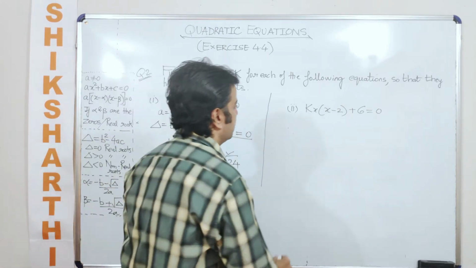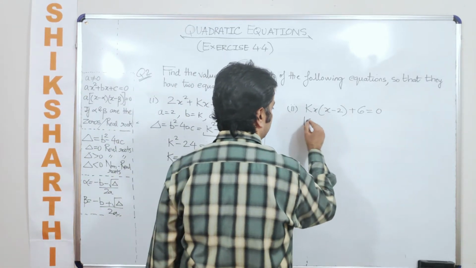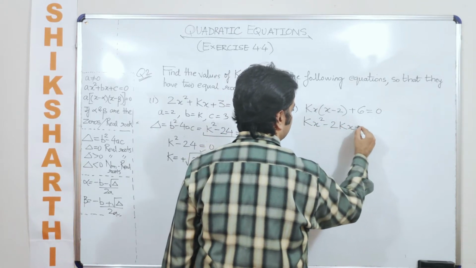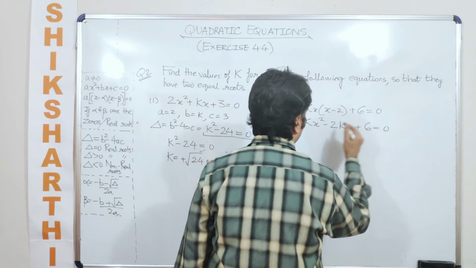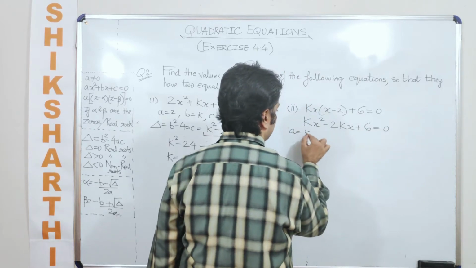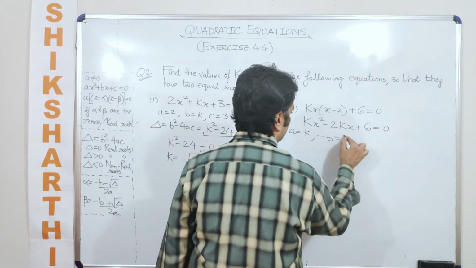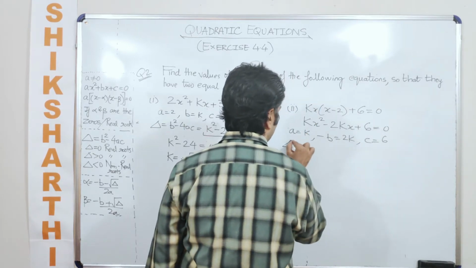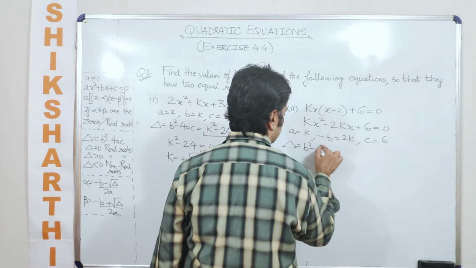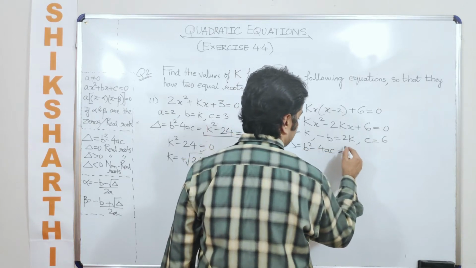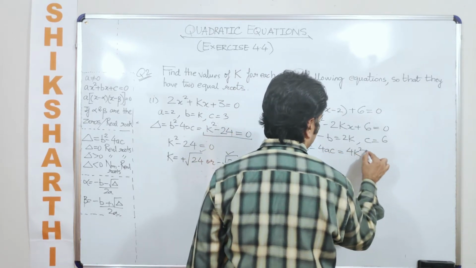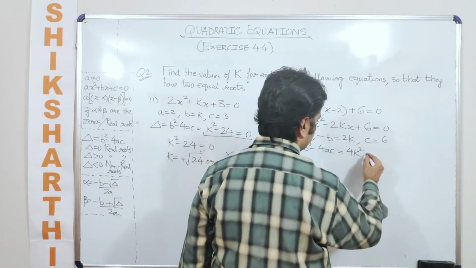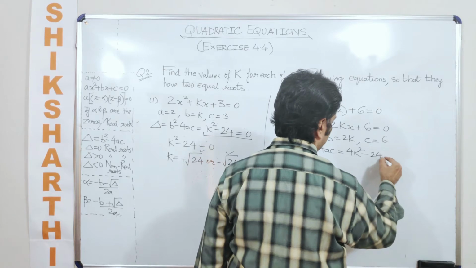Okay, talking about the second equation. Now if I rewrite this equation, it is kx square minus 2kx plus 6 is equal to 0. So the value of a here is k, the value of b here is minus 2k, and the value of c here is 6. So what is the value of delta? Delta is nothing but b square minus 4ac, which can be written as 4k square minus 4ac, which is 24k.